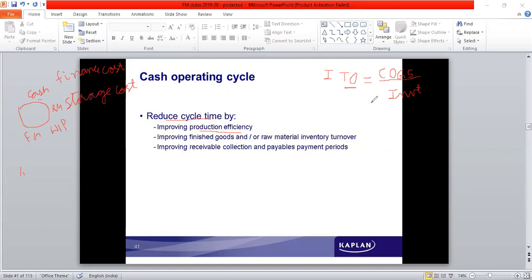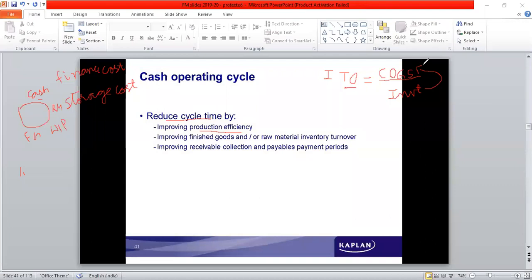So what does it indicate? Inventory turnover ratio, what does it indicate? Improving finished goods or raw material inventory turnover. The efficiency is reflected when the investment into the variable gets converted into the turnover. So how quickly the inventory gets converted into turnover is reflected by the inventory turnover ratio.